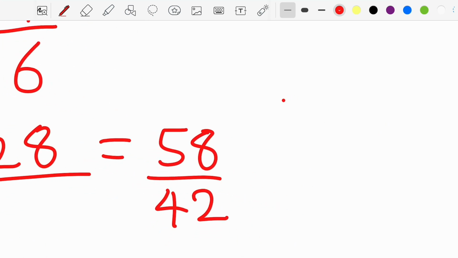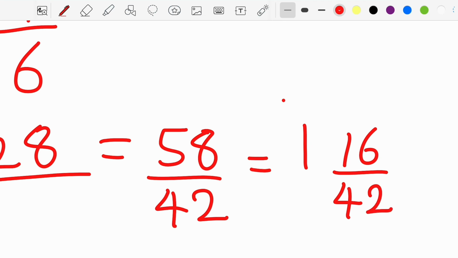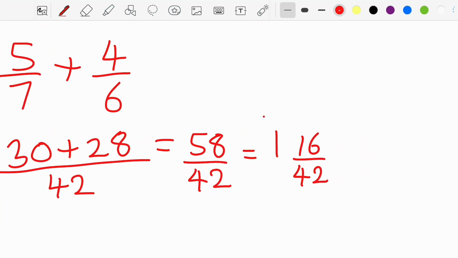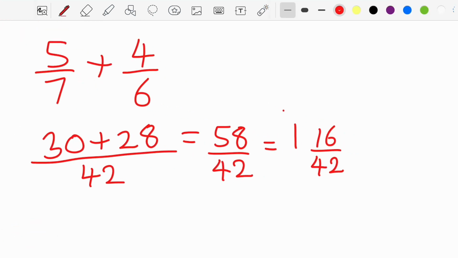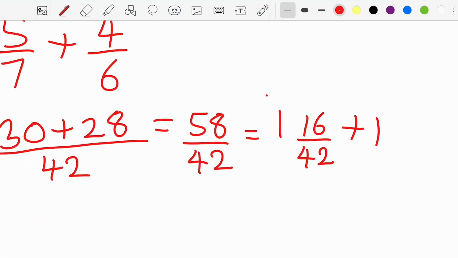Right? 42 into 58 is equal to 1, remainder 16. Right? If we add the whole number that we have from this number here, we will get 2 and 16 over 42.